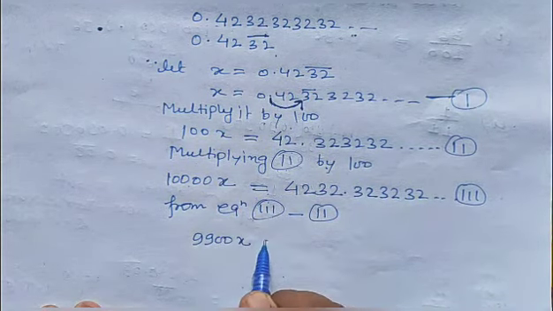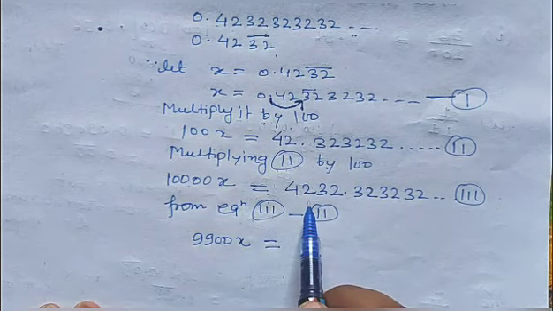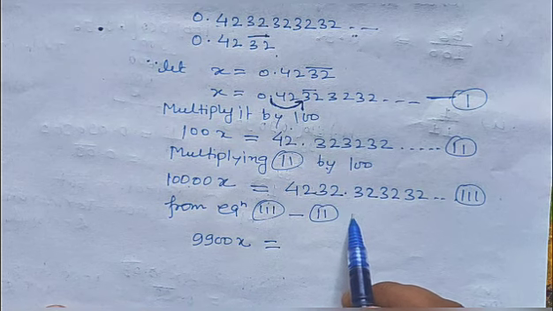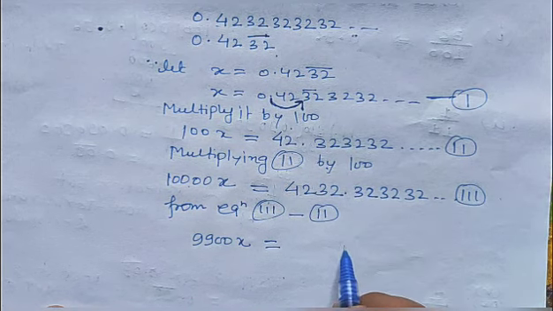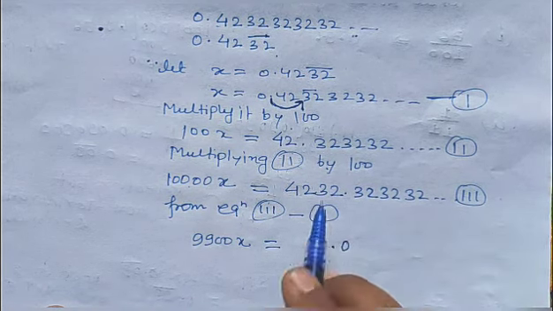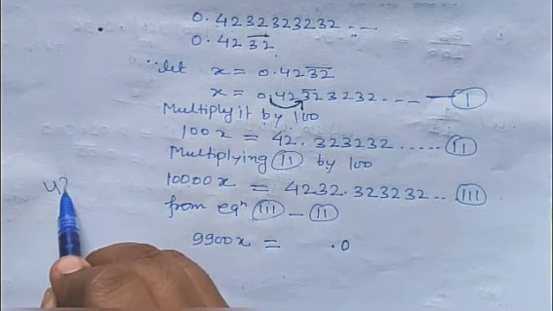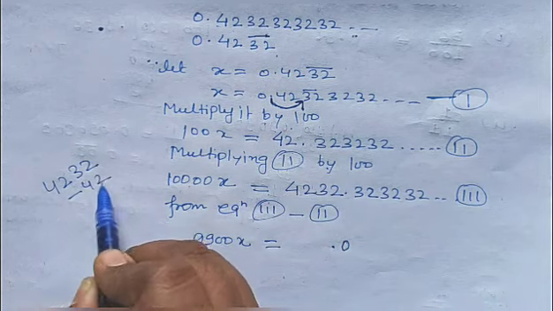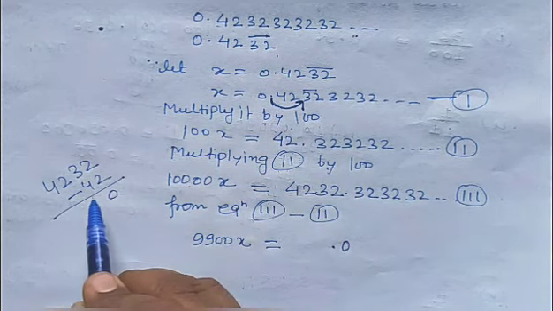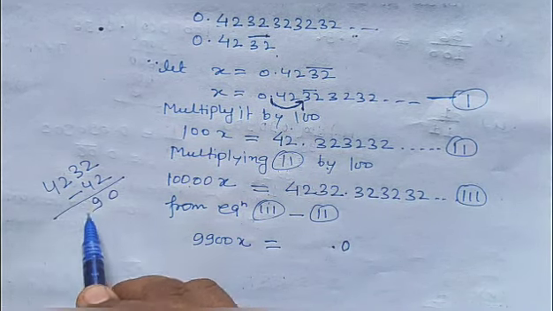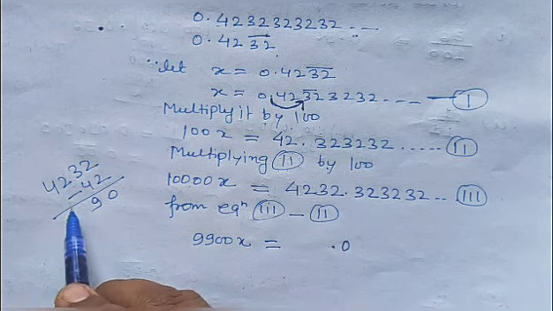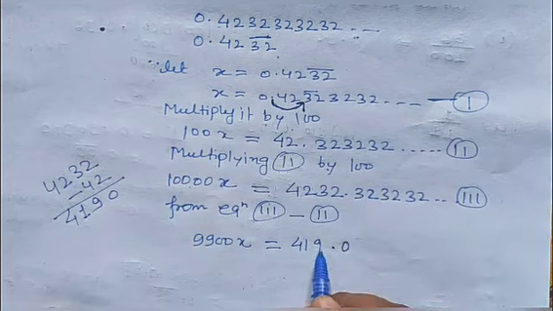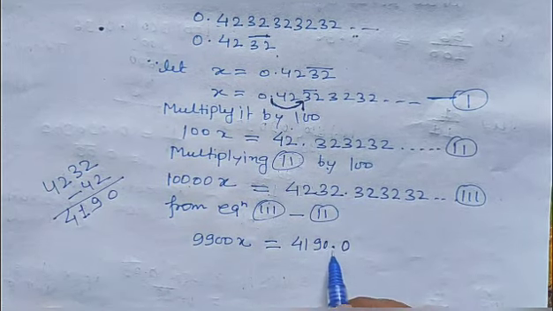So it will be 9900x is equal to, on the right-hand side, what will you get? 4232. Okay, on the right-hand side, after the decimal, all will be 0. So 4232 minus 42. How much will you get? 2 minus 2 is 0, 13 minus 4 is 9. Okay, it will be 4190.